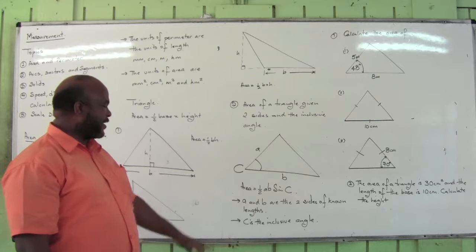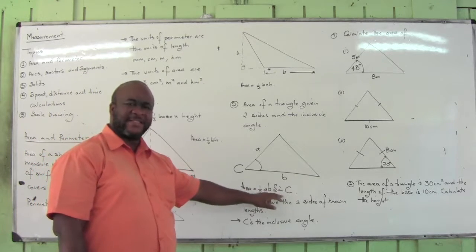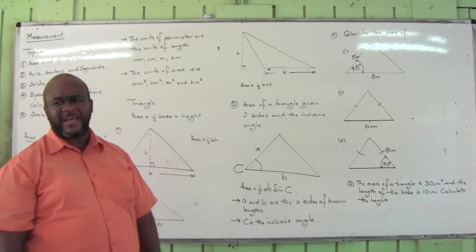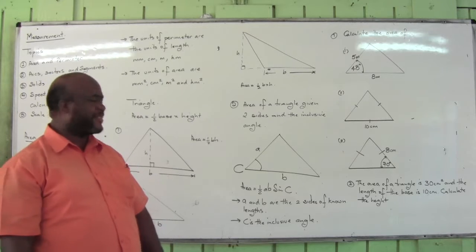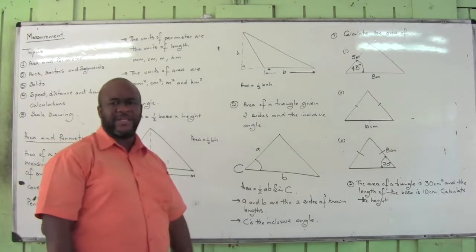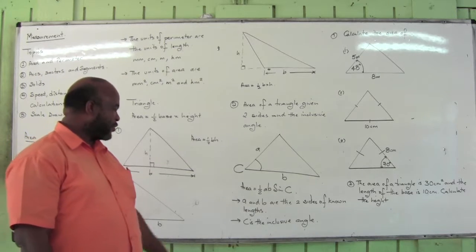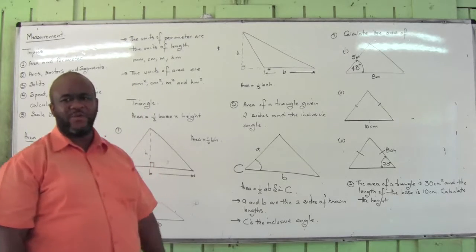The formula is area is equal to a half ab sine C, where a and b are the two sides of known lengths, and C is the inclusive angle, the angle between them.